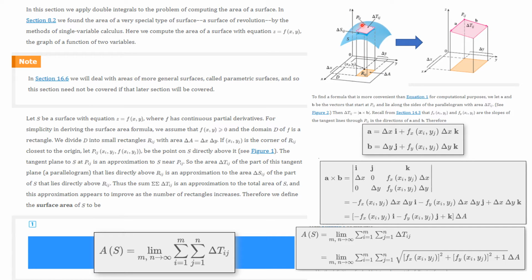Now what we're going to do is consider the portion of the tangent plane that is going through that point. And so we're taking this little pink post-it note up here, and that's going to be a parallelogram by construction. We're starting with this point.